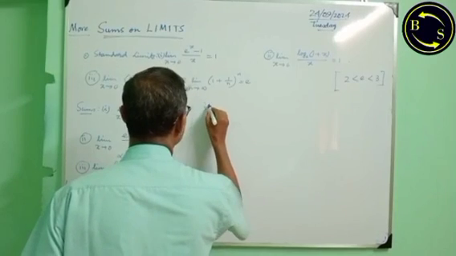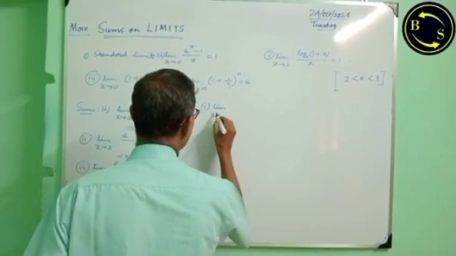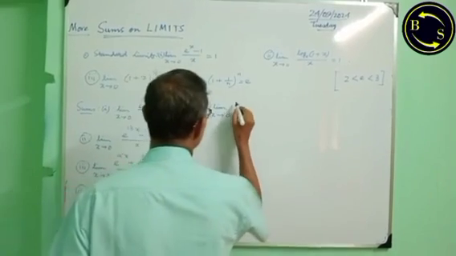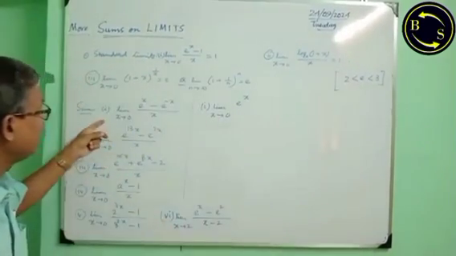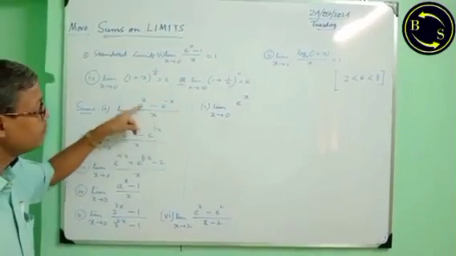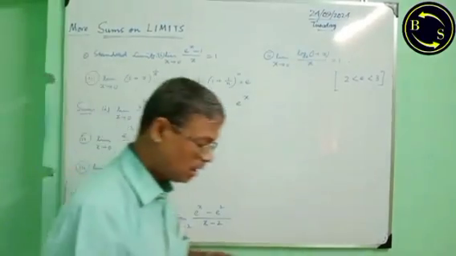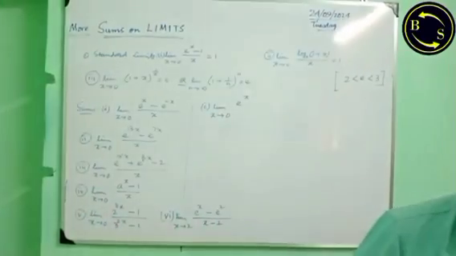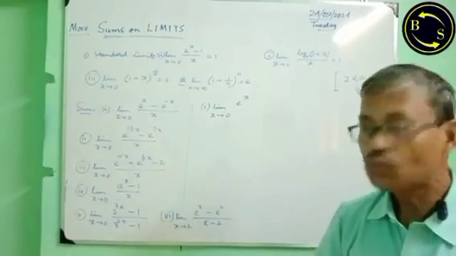Number 1, limit x tends to 0 e to the power x. As this involves e to the power x, therefore the standard limit to be used here is limit x tends to 0 e to the power x minus 1 numerator divided by x is equal to 1.